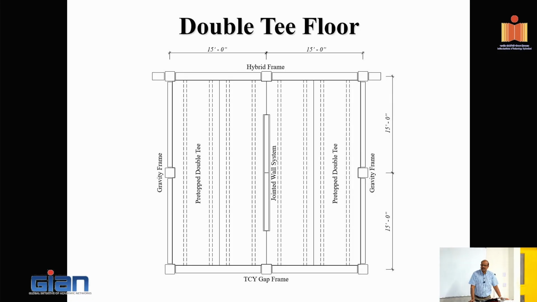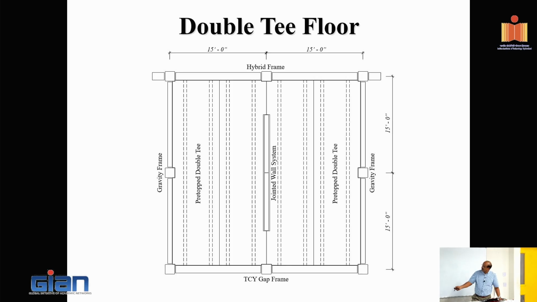So this is how the structure was envisioned. You would have 5 stories, where 3 stories have one floor type and 2 stories have a different floor type. The bottom 3 stories relied on double T floors, each one running in this direction.